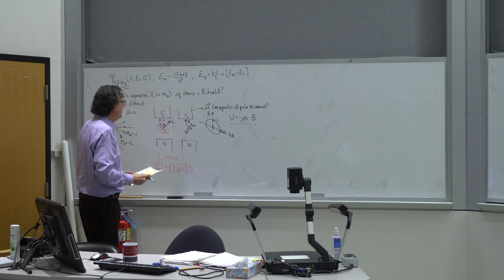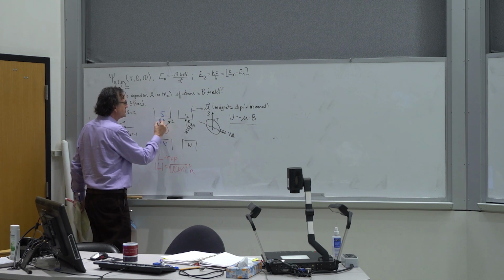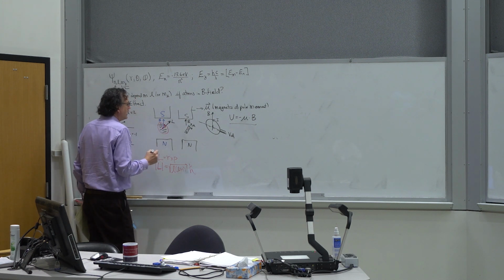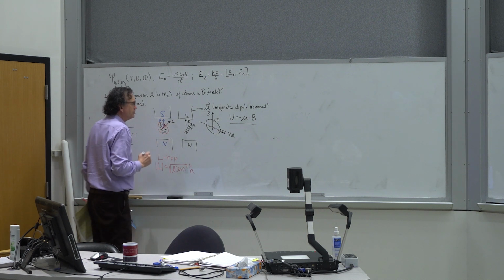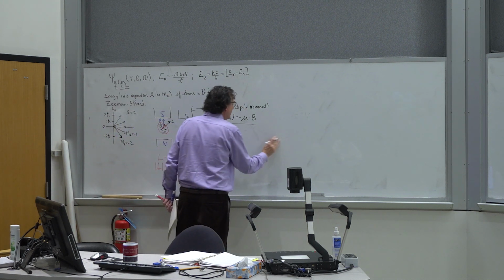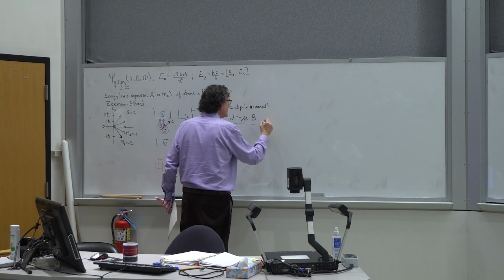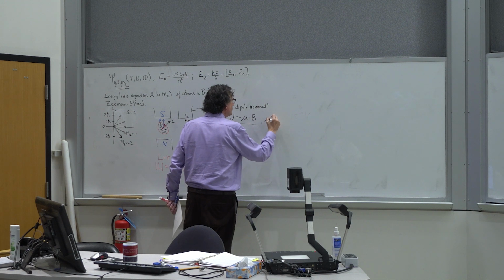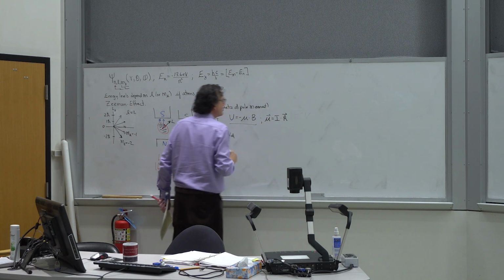Now, because a current loop looks very much like the magnetic field of a bar magnet, we associate a magnetic dipole moment with the current loop. So in your earlier 273 course, you can look up and find that mu is equal to the current in the loop times the area, and area is a vector.